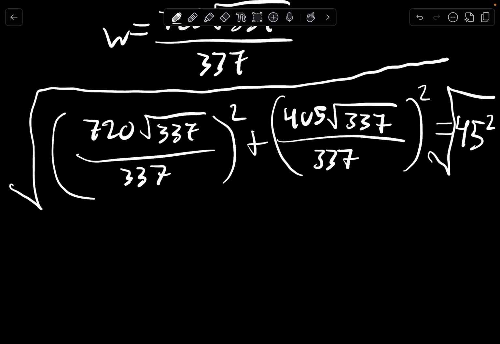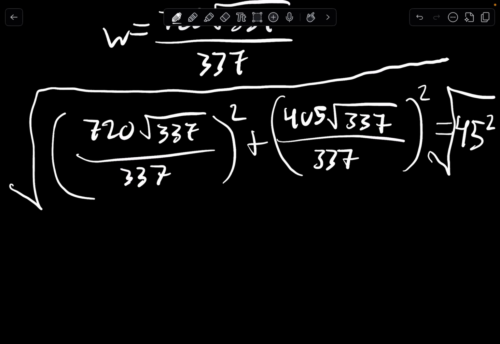So that big number. Oh my god, I gotta type so many numbers. Square it, then plus that other number, 45 radical 337 over 337 in parentheses, squared.